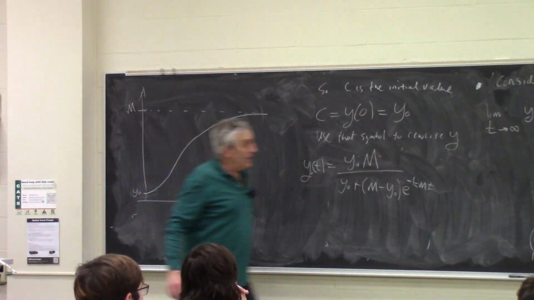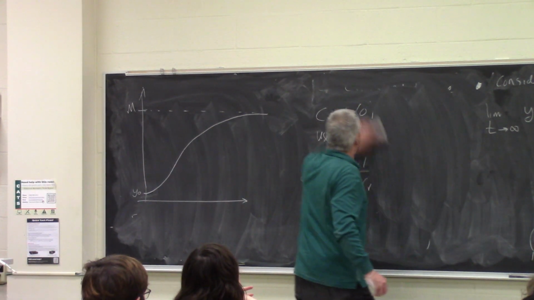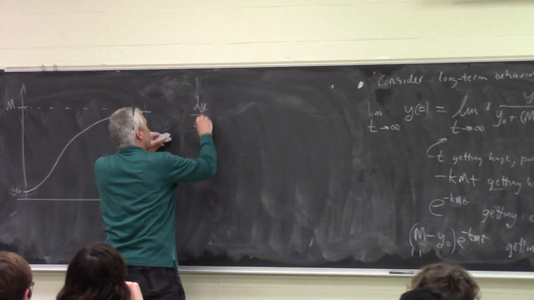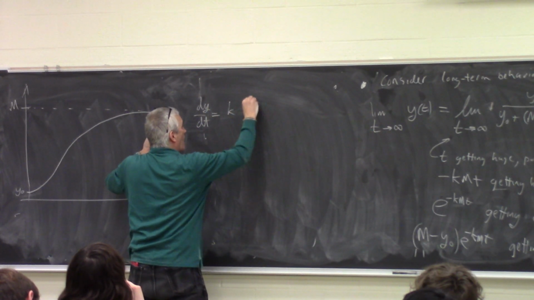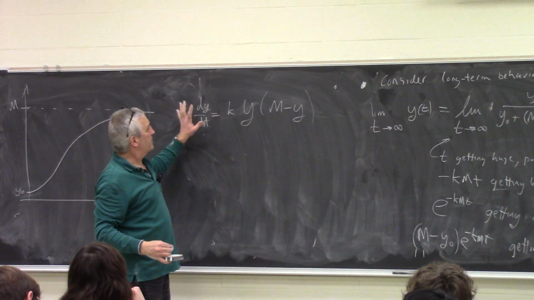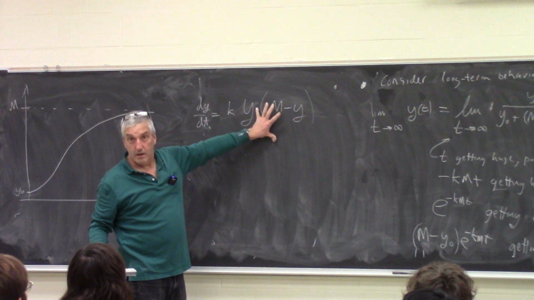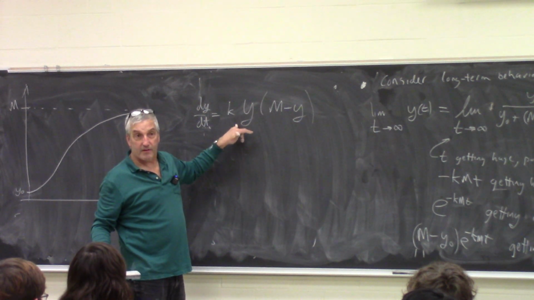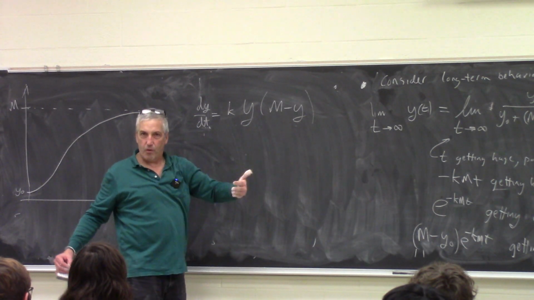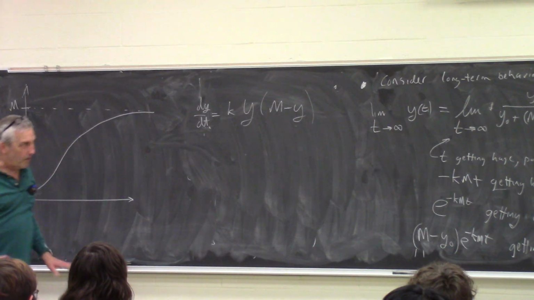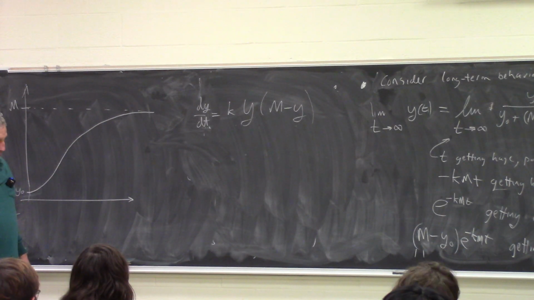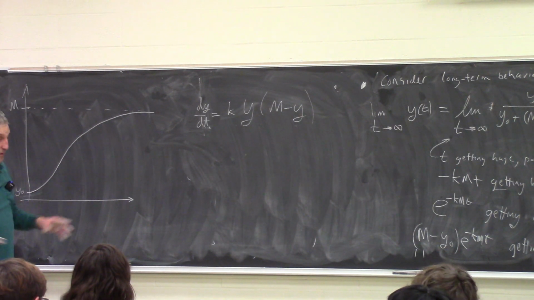And it kind of makes sense because if you look at this equation, dy/dt equals k y (m minus y), the derivative as a function of y would be a parabola facing down with intercepts at y equals 0 and y equals m. That parabola would have its peak at 1/2 m. Really cool. It's a real rabbit hole, these differential equations, because there are so many cool things to observe about them.